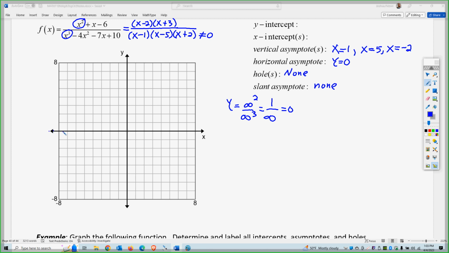So y equals 0 is the horizontal asymptote. And my vertical asymptotes are at 1, 5, and negative 2.